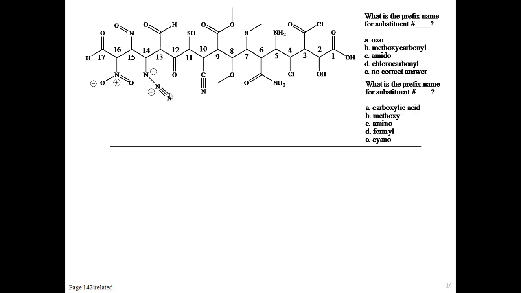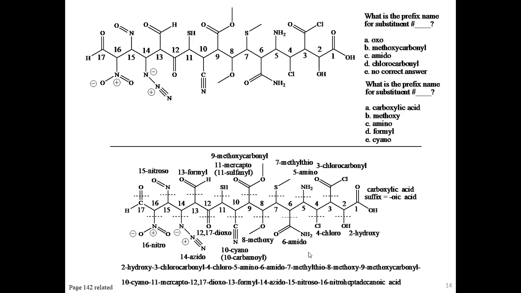Notice I put in the formal charge in one of the resonance structures. 15 is 1 double bond ON, that's nitroso, 15-nitroso. 2 oxygens on a nitrogen with formal charge and resonance, 16-nitro, and 17 would be oxo because it's in the chain. So this oxo and this oxo would go together as 12,17-dioxo. Okay, so let's take a look.